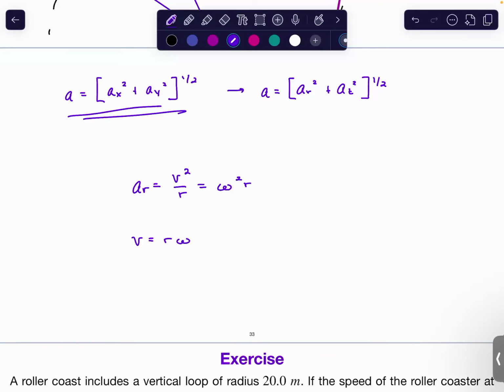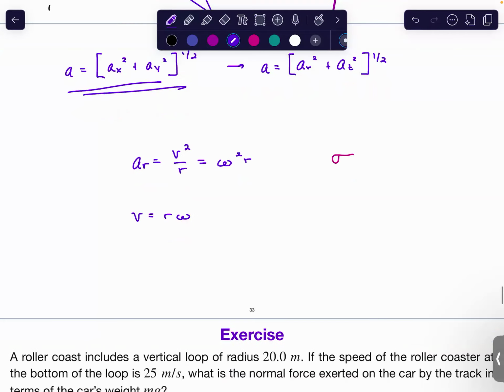Is there more slides? Yes, there's like 8 more. That's sigma. That's just how I draw my sigmas, I just turn them around. Oh, okay. It was a lowercase sigma.